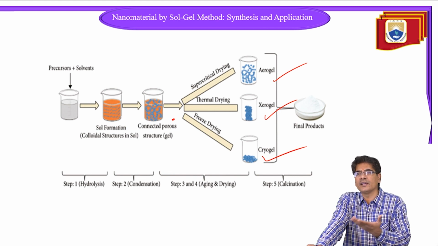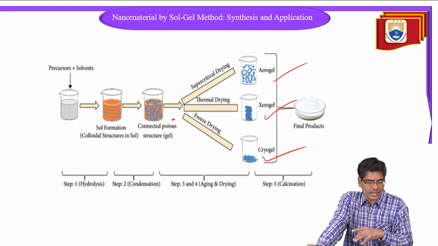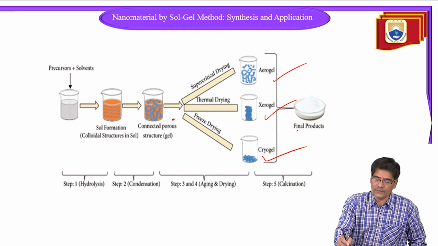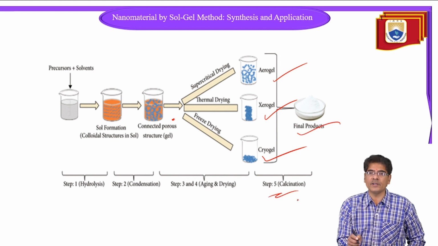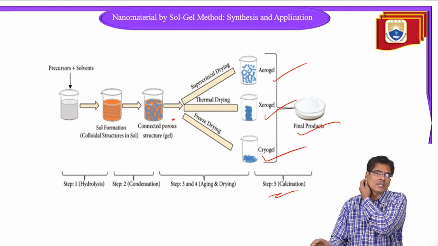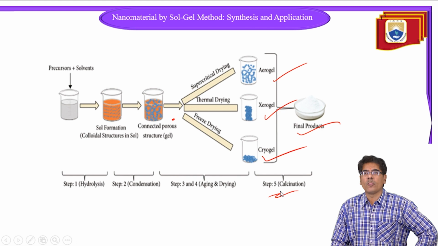In thermal drying, we get xerogel, and in freeze drying, we get cryogels. Then the final product is obtained in step 5, which is calcination.